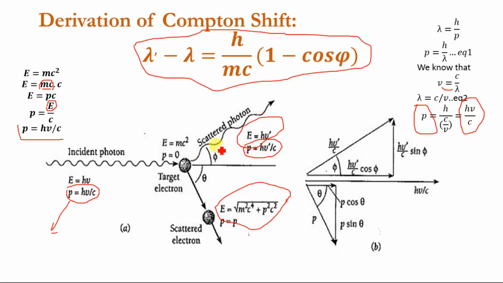Here you see this scattered photon makes angle phi with the x-axis and has momentum p is equal to h mu by c. Now this term h mu dash by c makes an angle phi here, and its projection along the x-axis. Now we consider this as an xy graph.